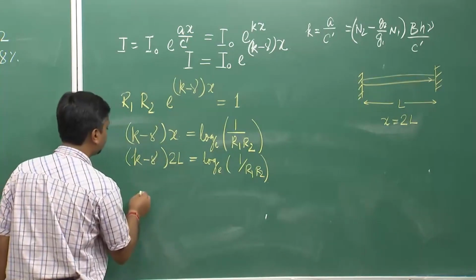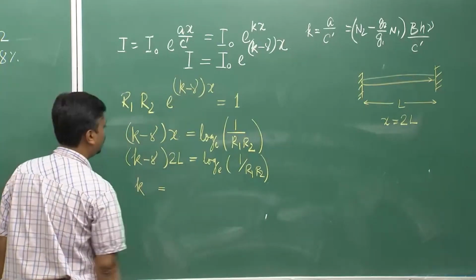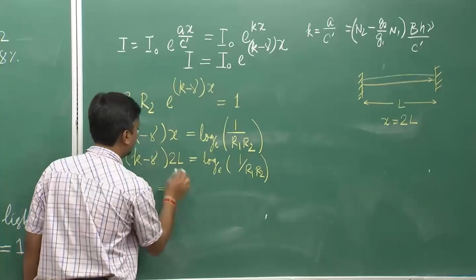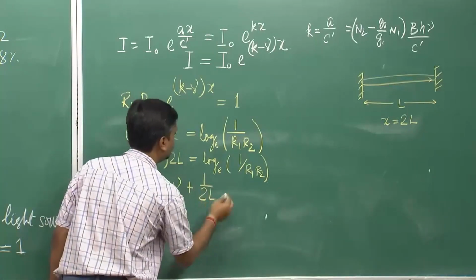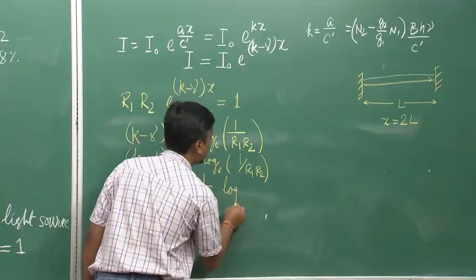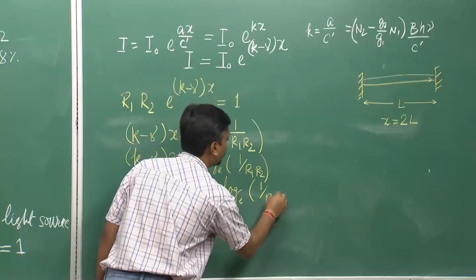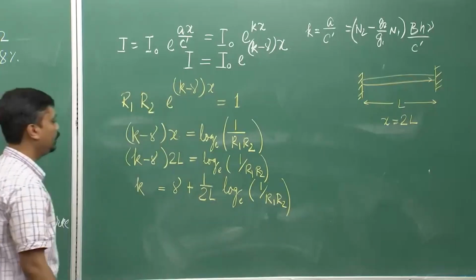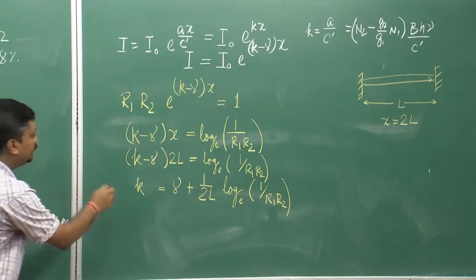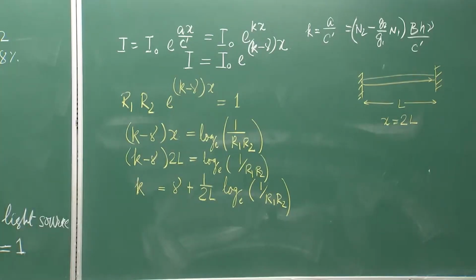So, my k is equal to gamma plus 1 upon twice L. Now, this k is a special k.